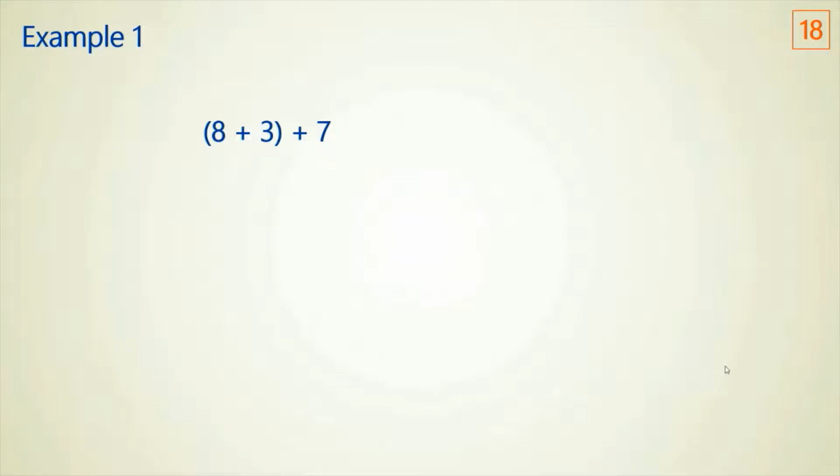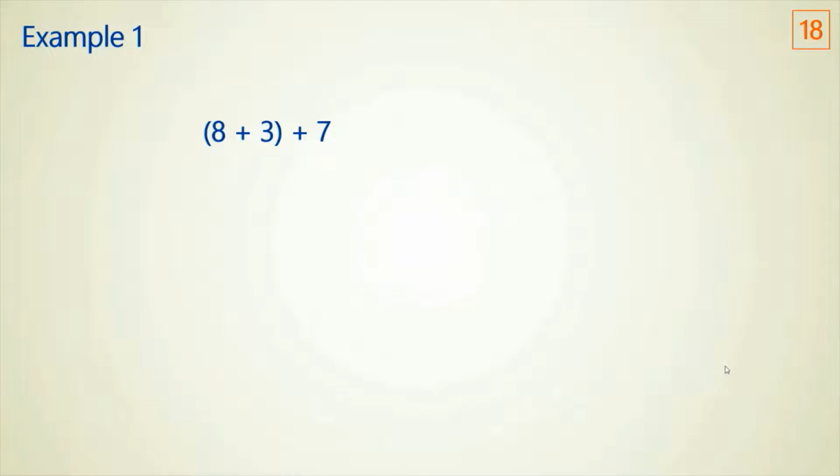Now we're going to use the associative property we just discussed to solve this problem. Associative property says whether we add 8 and 3 together first or we add 3 and 7 together first is the same. That is, we can associate the numbers differently. So the word associate is essentially grouping, and grouping is essentially using parentheses.